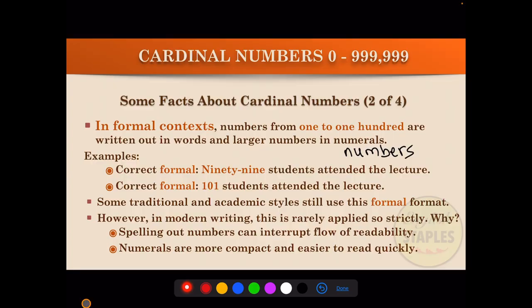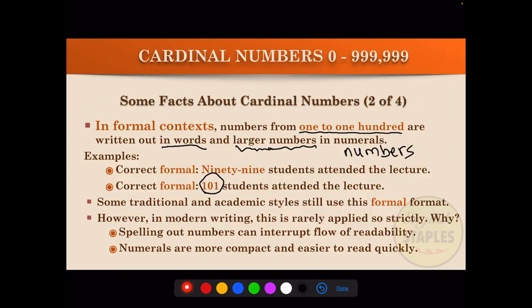We said earlier that the numbers from 1 to 100 are written out in words. Larger numbers are in numerals, in numbers. So this is more than 100. That's the reason why it's written this way.